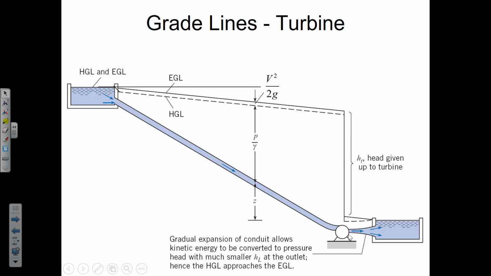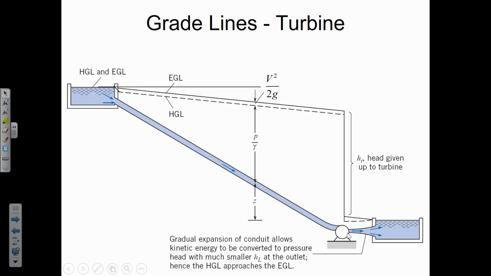And then this has kind of an unusual thing that after the turbine, it's showing that the diameter of the pipe is gradually increasing. I guess they'd do something like that if they didn't want to have a big jet of water coming in. If they have a gradual increase, then that's reducing the velocity of the water, so it's causing less scour and disturbance in whatever body of water is receiving the flow.